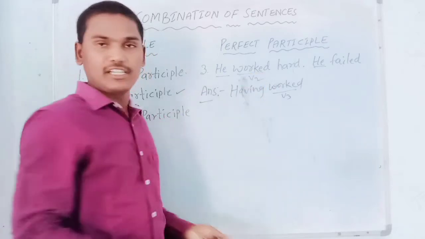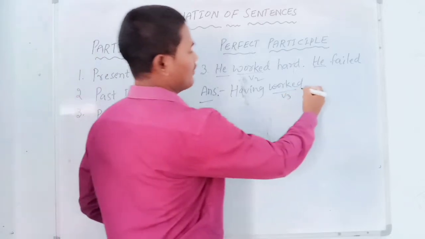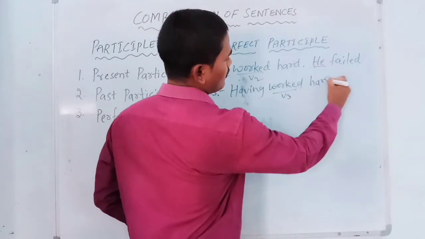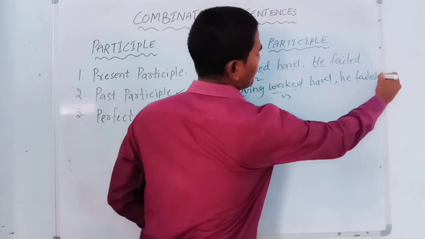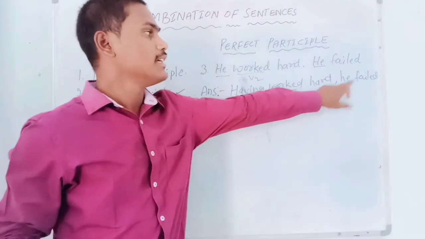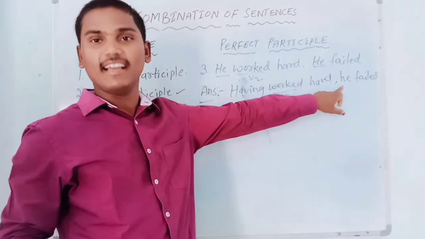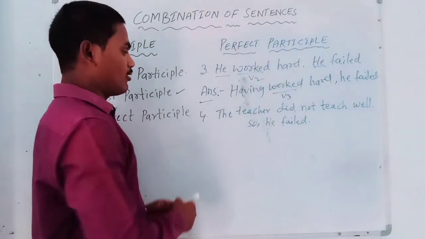So here worked is V2 and here worked is the V3 form. So, having worked hard, comma, he failed. He, H is a small letter. Okay, students. Now look at the fourth example.